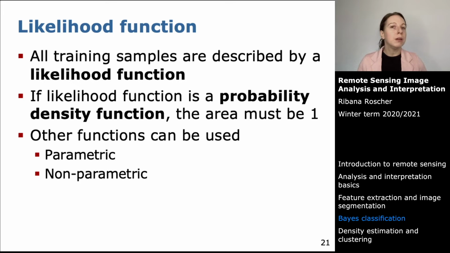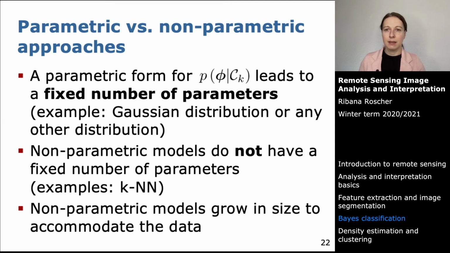I showed you we assumed our data is Gaussian distributed, so we use the Gaussian distribution, but there are also other functions which can be used, and they are parametric and non-parametric methods. So let's have a short look at what it means to have a parametric and a non-parametric approach.